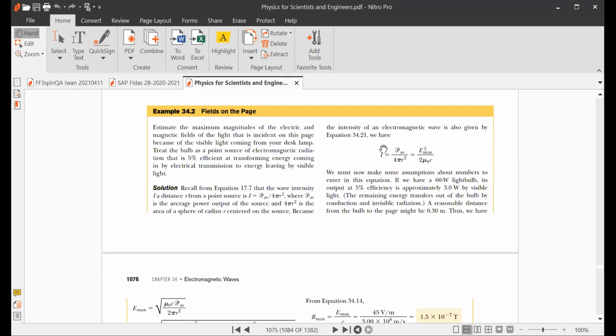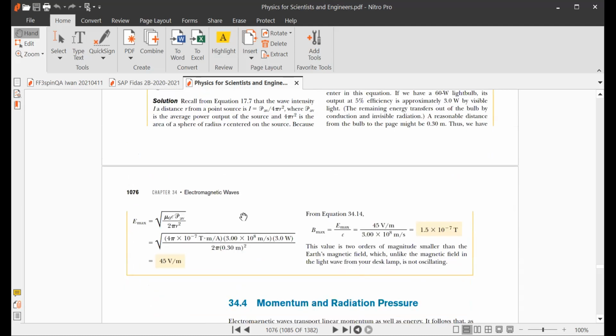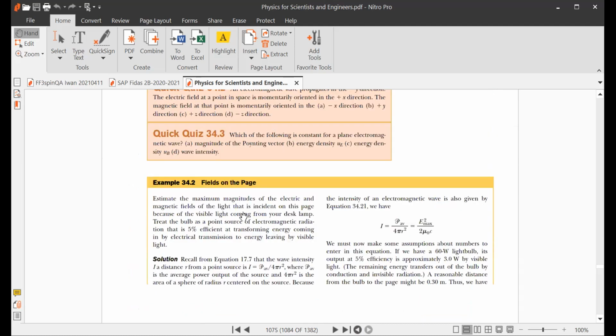So this Emax here equals, well, just a moment. It's not the 3 watt, it's not stated in the problem here. So in the solution, okay.